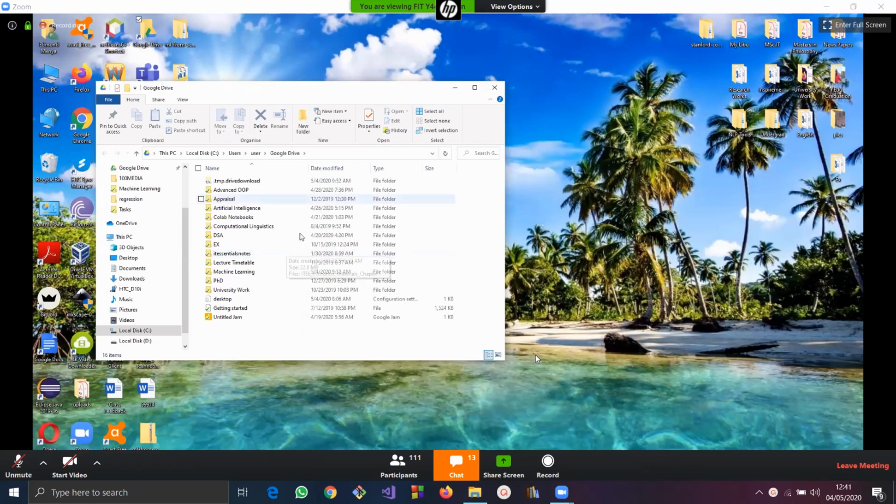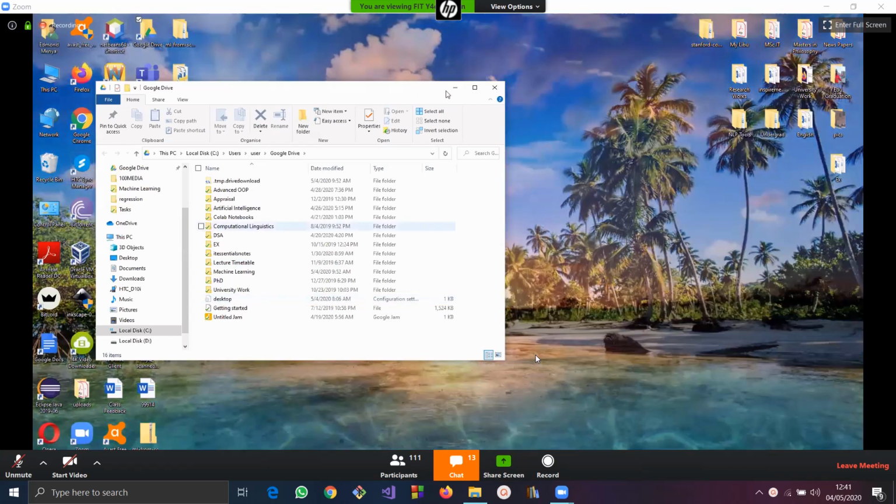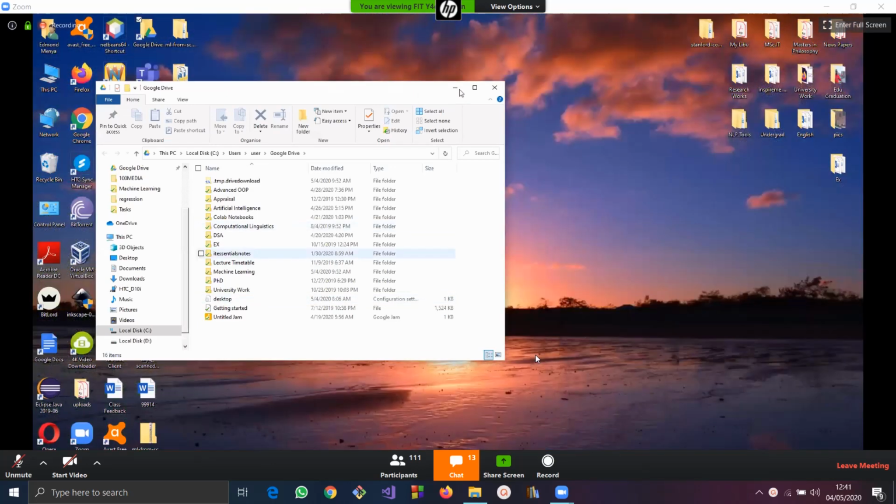So whatever I'm working on locally just automatically updates. My updates are always running, and I can access them at work or at home or wherever I go.